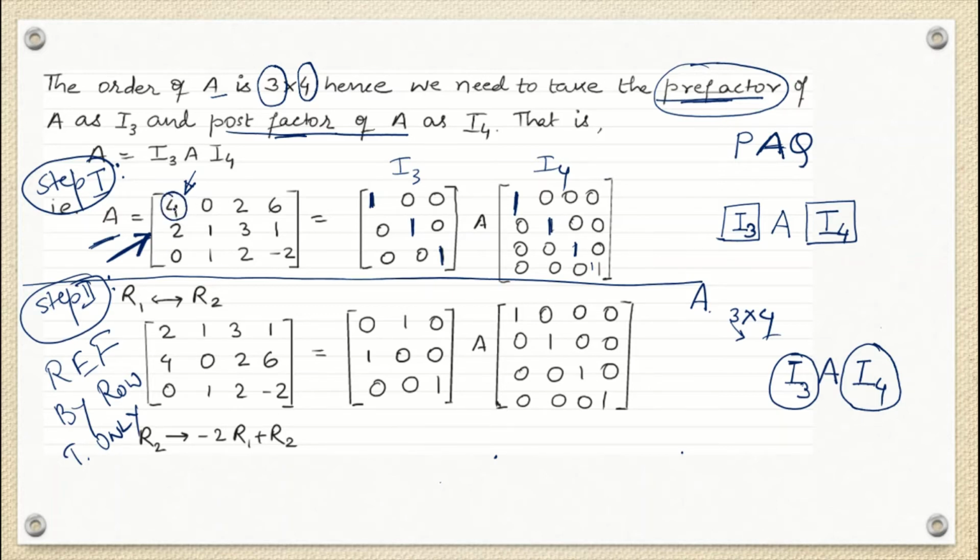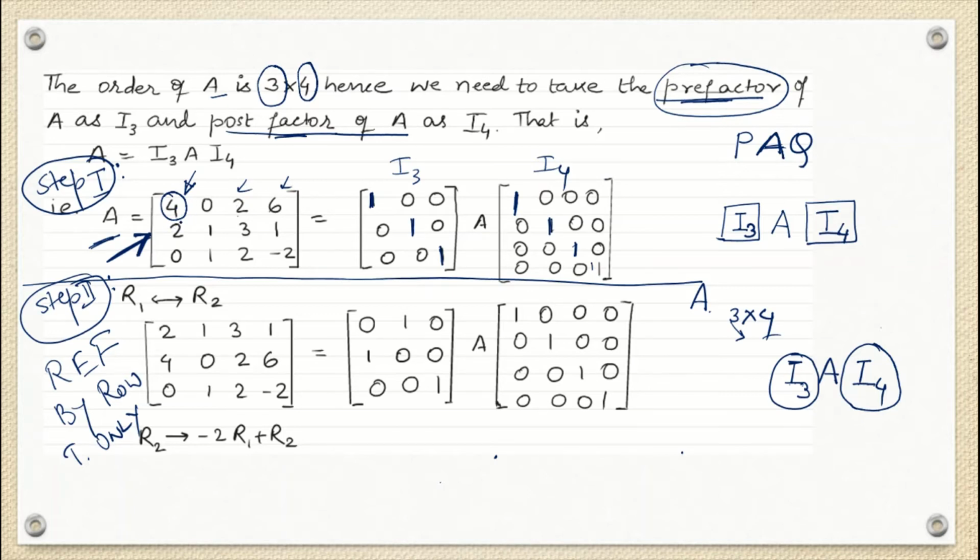This is 4, but I really want to have 1 in this place, the first row, first column. It is not always possible to have 1 here unless I divide it. But right now I am not interested in dividing by 4, because I will get fractional numbers, and I don't want to include fractional numbers right now.